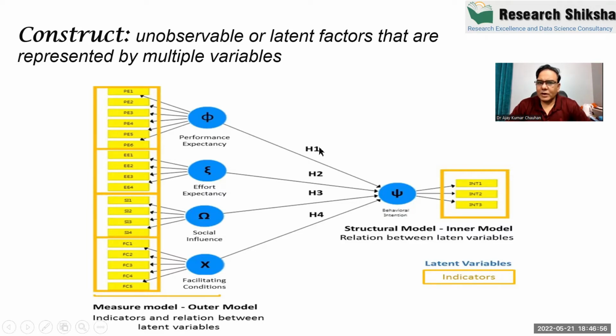And the values on these arrows are known as path coefficients. Whenever we analyze them, the software gives us values. The values which come over these lines are known as path coefficients. And the arrows which are combining the blue circles and the yellow rectangles are known as the outer model.